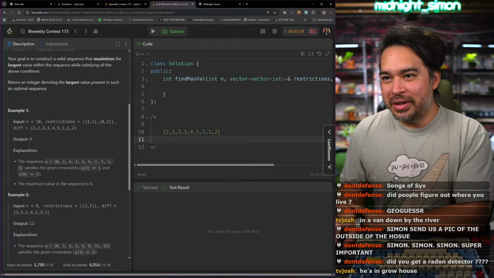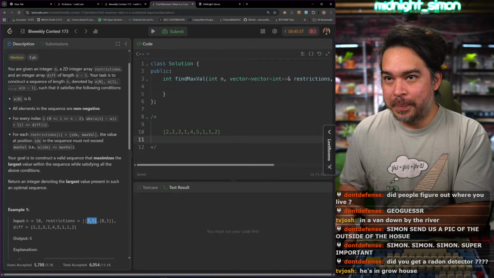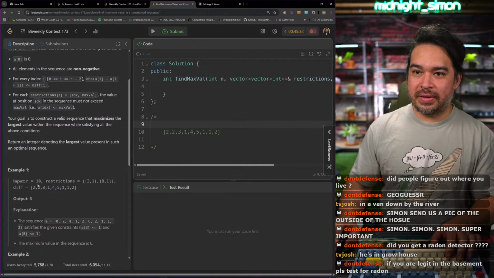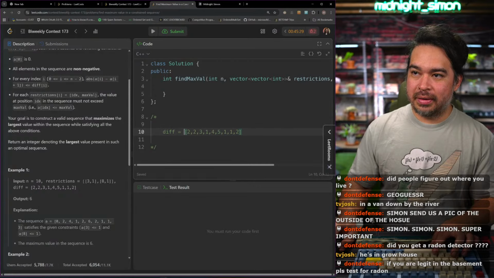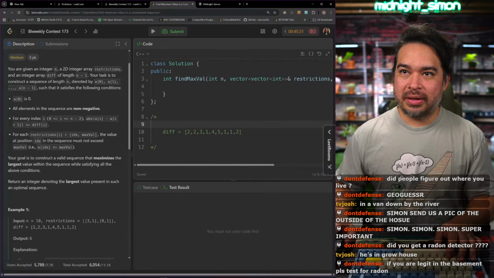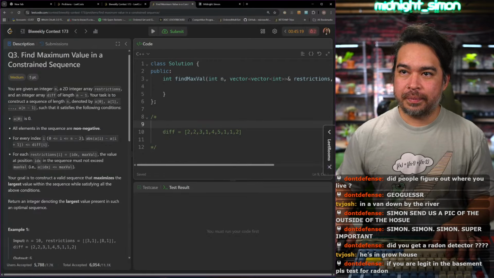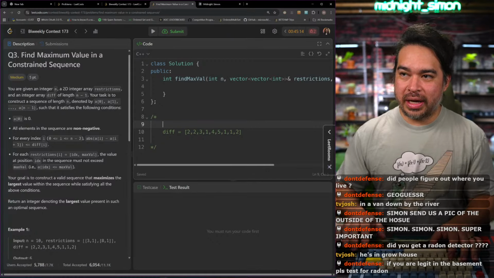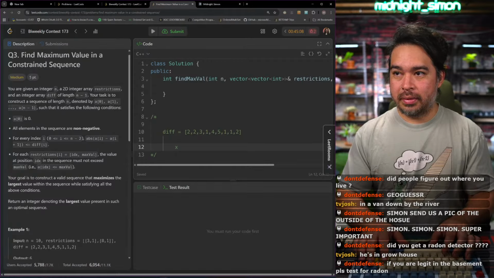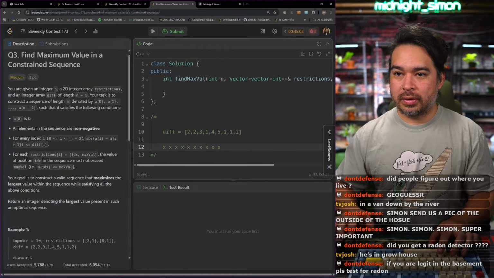Alright. What are they saying these restrictions are? And the index, that's the max value. And these are the diffs. So they say I need to make an array. So n is 10.